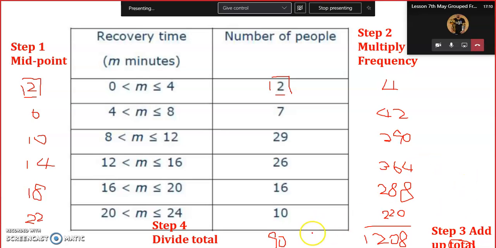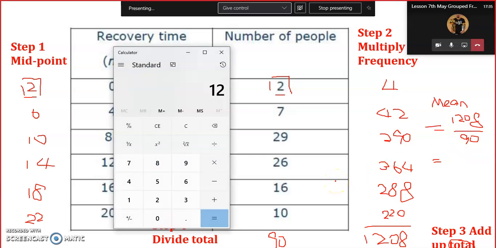So we got two numbers, 1208 and 90. To find a mean, we usually use the bigger one, 1208, to divide by 90, which is the total frequency. So the total divided by the total frequency gives the mean. 1208 divided by 90 gives 13.422.